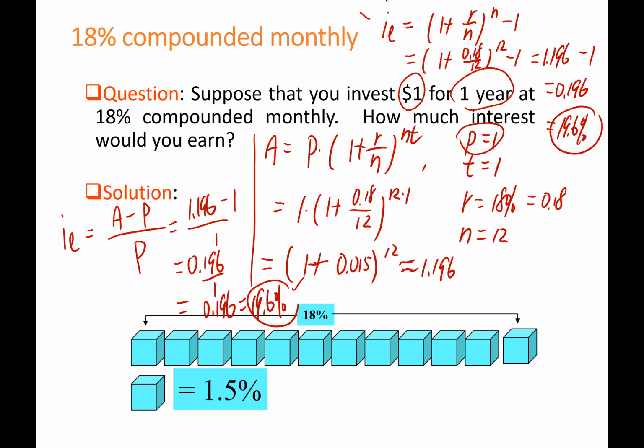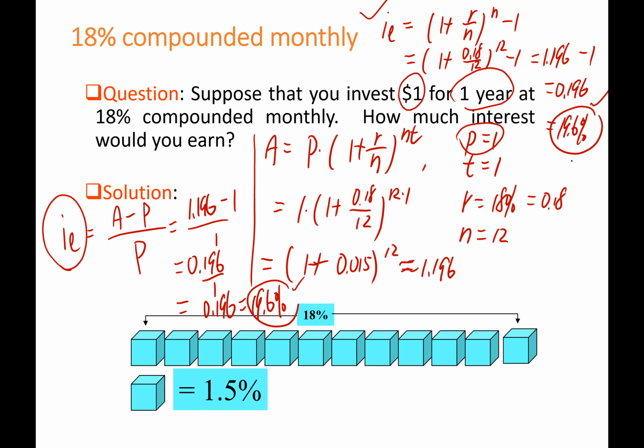So using the compound interest formula we learned to get the ending balance, and then ending balance minus beginning balance divided by the beginning balance, gives us the actual or effective interest rate. And they turn out to be the same result.